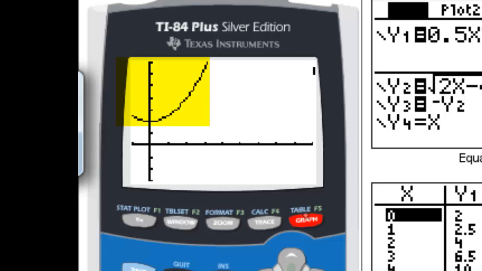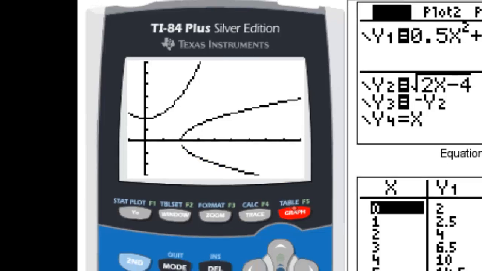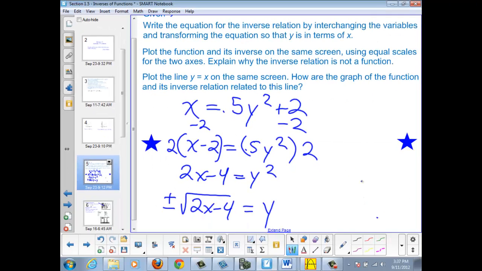Here's our original function. There's the top half of our inverse, and there's the bottom half of our inverse. Explain why the inverse relation is not a function.